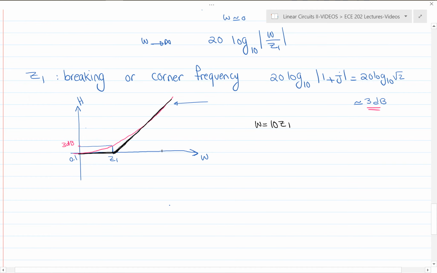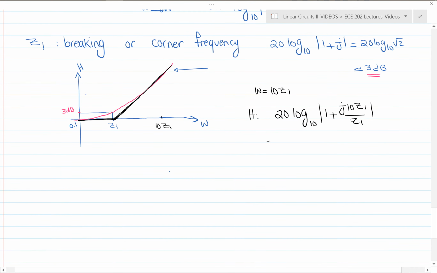So I'm saying that this is 10 z1. What is the magnitude here in decibels? We're going to have 20 log 10 of 1 plus j 10 z1 over z1, right?